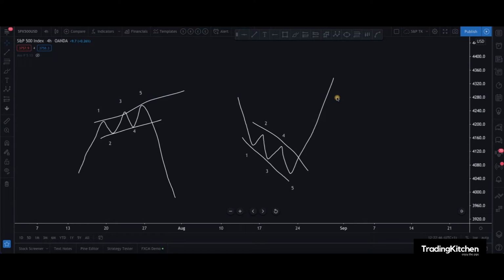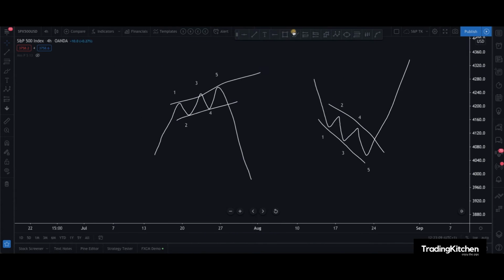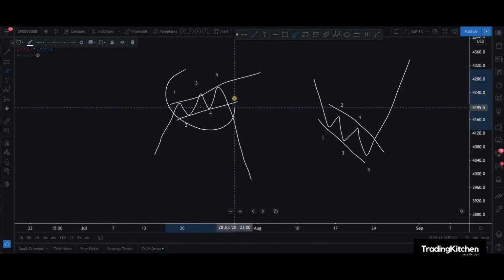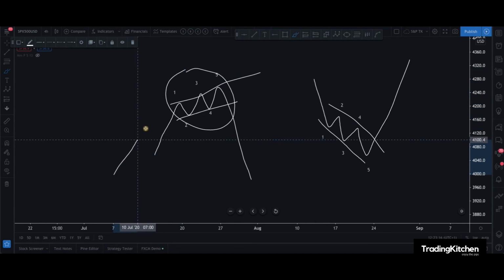One of the main rules is that an impulse is required. If we don't have an impulse, this channel does not make sense for this theory. An impulse is required.